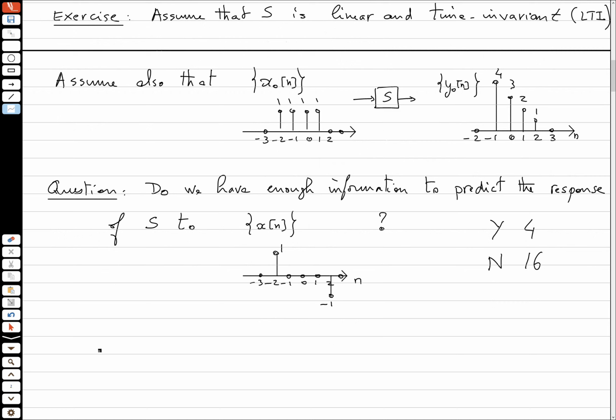So you say you do x naught of n minus x naught of n minus 2? You're going to get 2 ones. Is that what you wanted to do? If you shift by 2, you're going to get 2 ones here. Is that what you wanted to do?